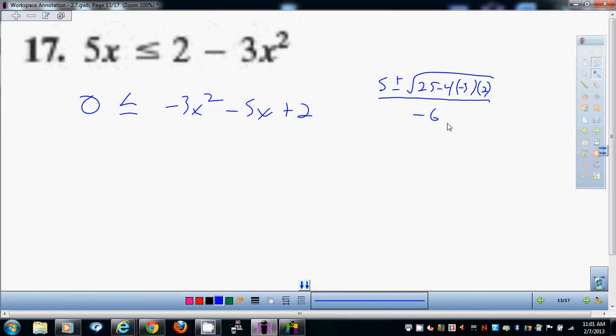Now this is a minus a negative, so it's going to be plus. 4 times 3 times 2 is 24. 25 plus 24 is 49. What's the square root of 49? Over negative 6. Okay, 5 plus 7 is 12. What's 12 over negative 6? Negative 2. 5 minus 7 is negative 2. What's negative 2 over negative 6? There are your numbers. That's what you're putting on your number line.